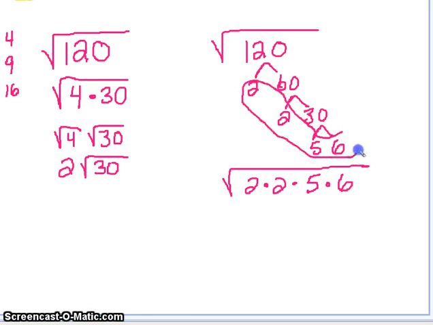This is what you're left with. And so the only one that I have 2 of is the number 2. So that 2 is going to come out. And then the 5 times 6 stays under there as a square root of 30. So either of these are ways to look at factoring or simplifying a radical.